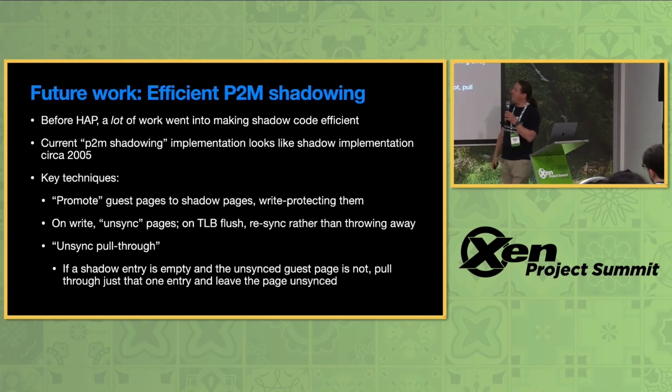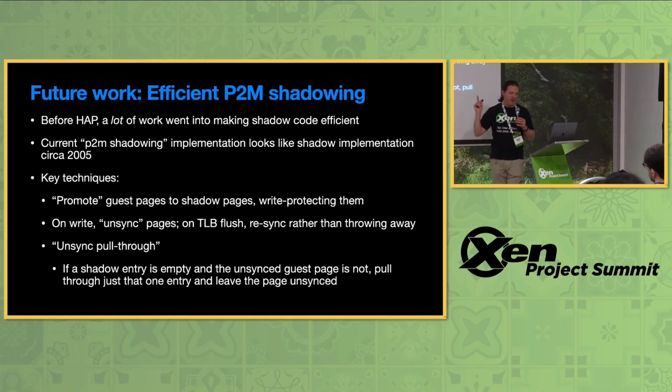Okay, and so obviously the current P2M shadowing stuff, so before HAP, we actually spent a lot of time, and I was actually involved in this, and another guy named John Luca, a lot of time optimizing the shadow paging protocol, because that was one of the major sources of hypervisor overhead.